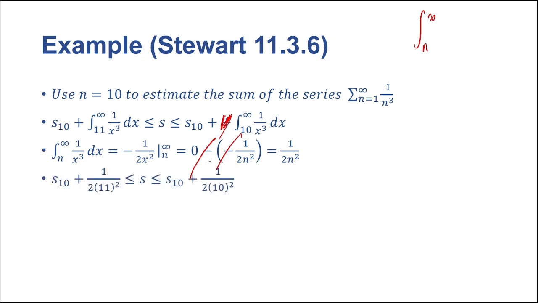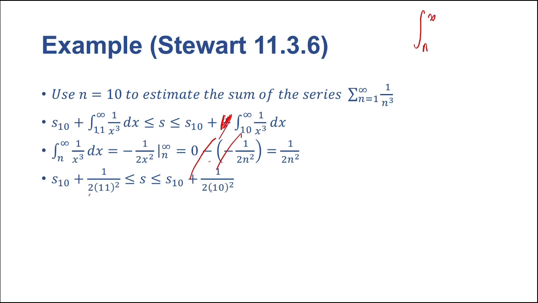Now we have a nice expression, and we can plug it into our formula, plugging 11 and 10 into the left and right hand sides. So we get the 10th partial sum plus 1 over 2 times 11 squared is less than or equal to the sum, which is less than or equal to the 10th partial sum plus 1 over 2 times 10 squared.